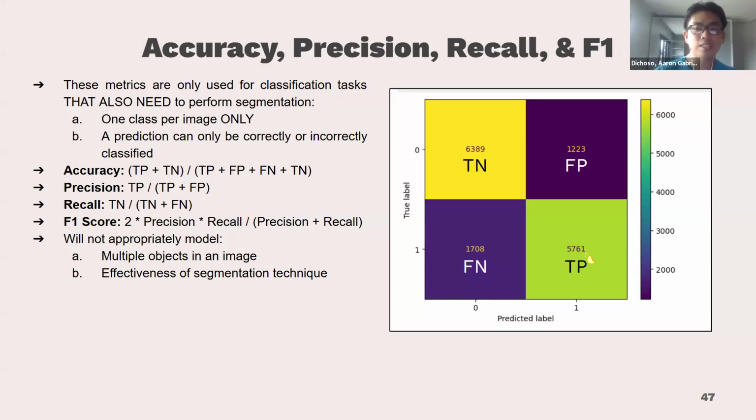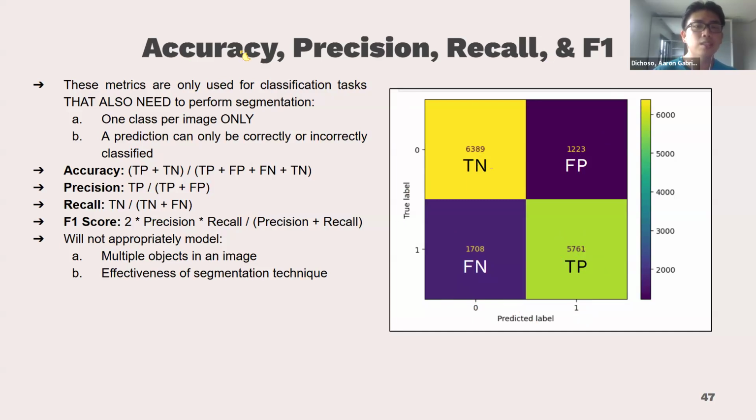A true positive means it predicted that the label is true, and when you check the ground truth, it is also true. A false negative means it predicted that it's false, but it's actually true. A false positive means it predicted that it's true, but it's actually false. A true negative means it predicted that it's false, and it's actually false. Right? So that's how you read a confusion matrix.